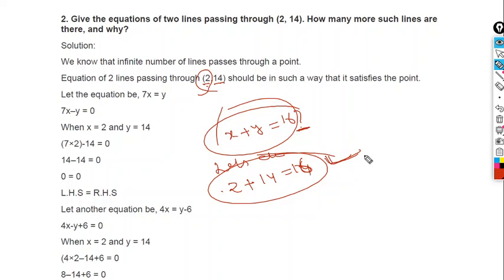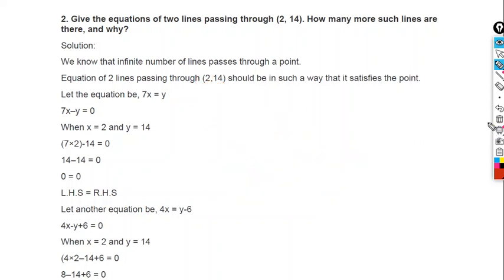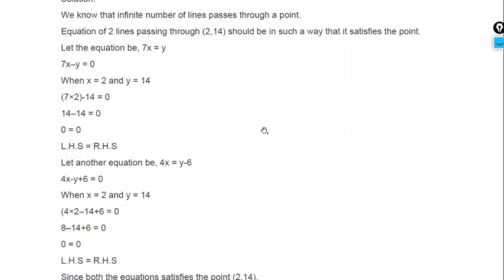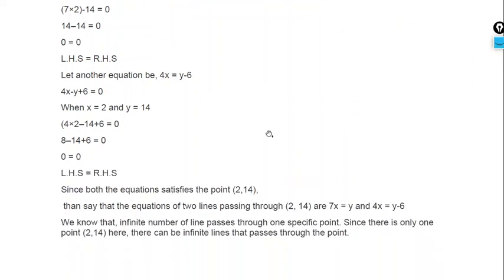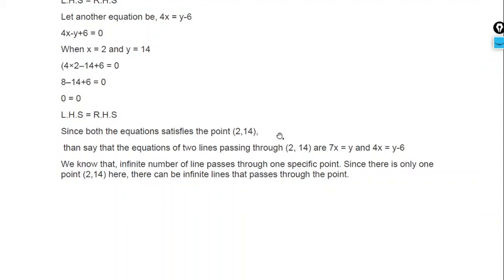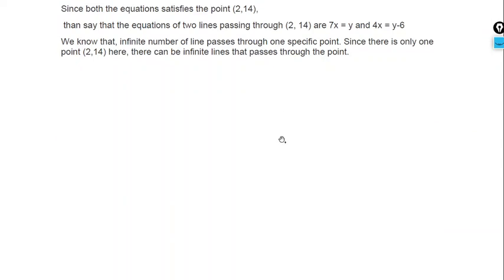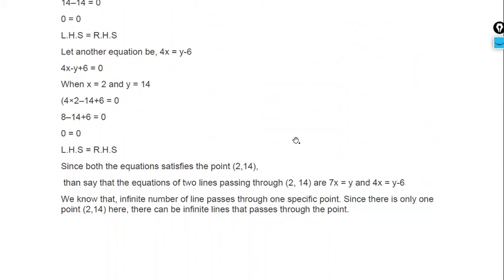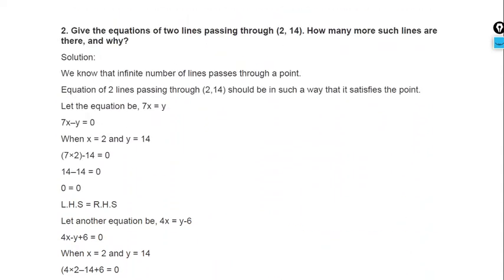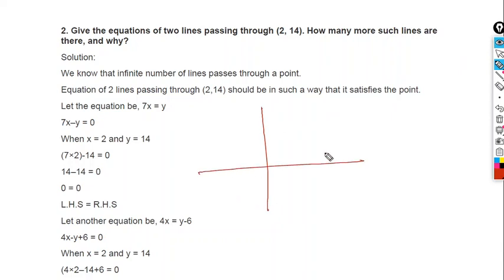You can make several equations like this. Well, I have already told that in this graph, if you plot the graph for this, suppose this point is (2, 14).